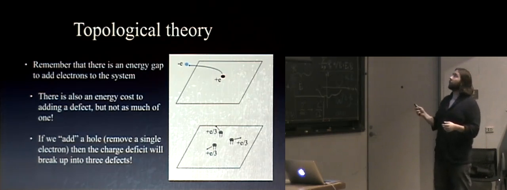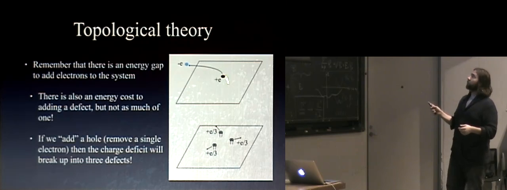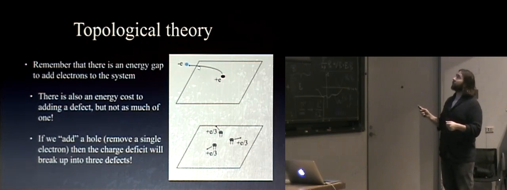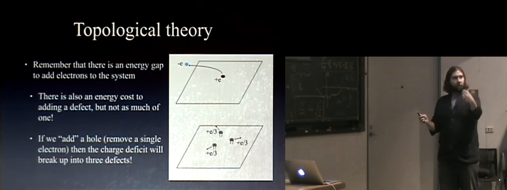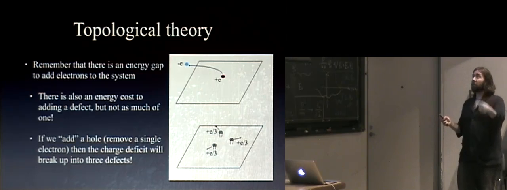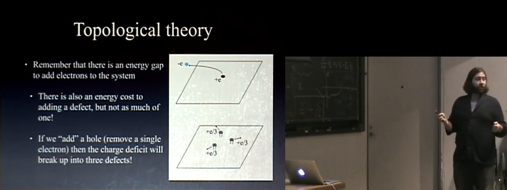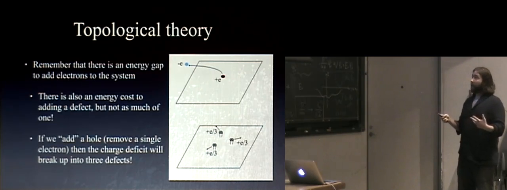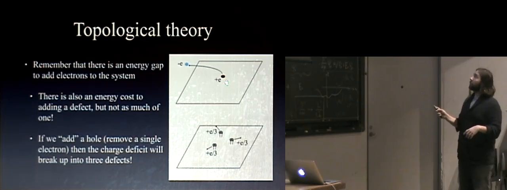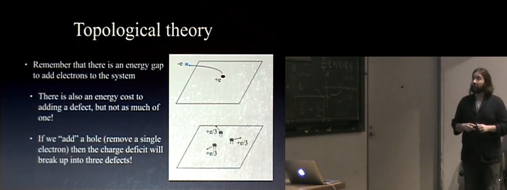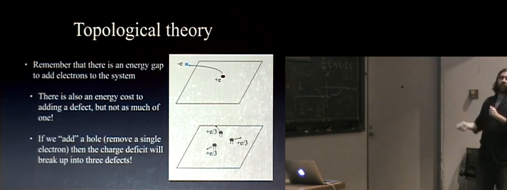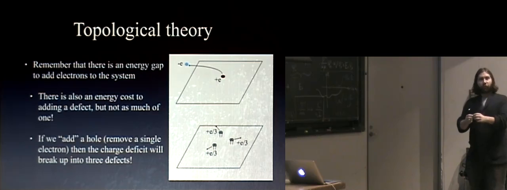And you would normally think that that just means there's some electric charge deficit here, so there's what looks like a hole, or a particle there that has charge plus 1. This, of course, costs some finite energy to do. But what actually happens in the system is that when I pull this charge minus E out to get a charge plus E remaining, it doesn't want to just stay a charge plus E. It actually wants to fractionalize.